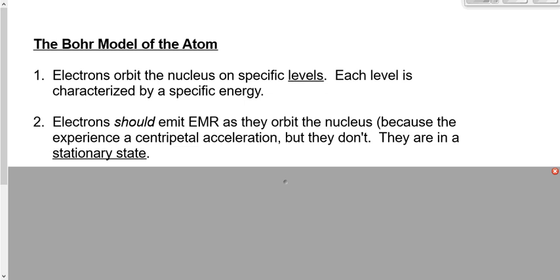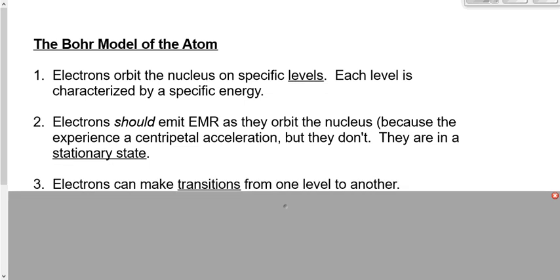It's as if these electrons aren't accelerating because they're not emitting EMR. We call it a stationary state because it's as if they're stationary. It's as if they're not accelerating. So there's something up with the model here because these electrons should be emitting EMR because they're accelerating. They are not emitting EMR. It's as if they're stationary.